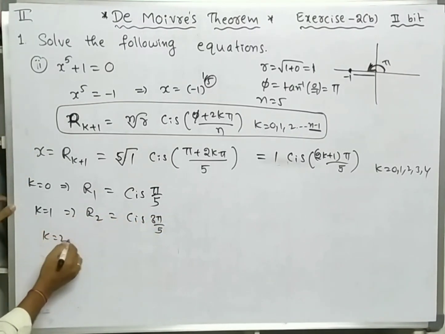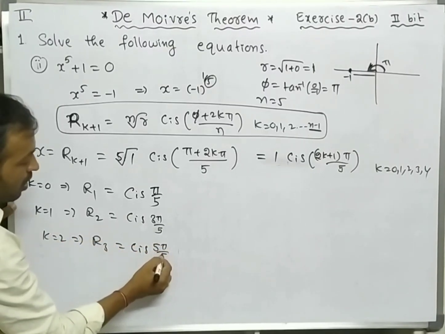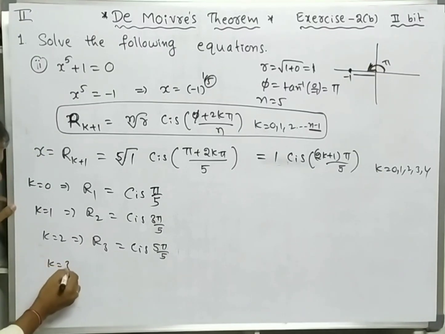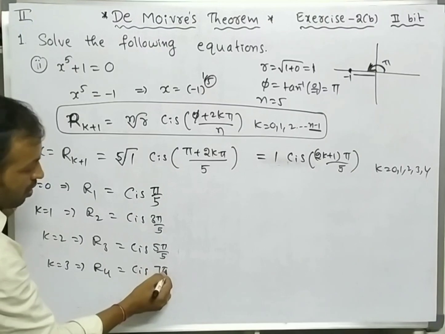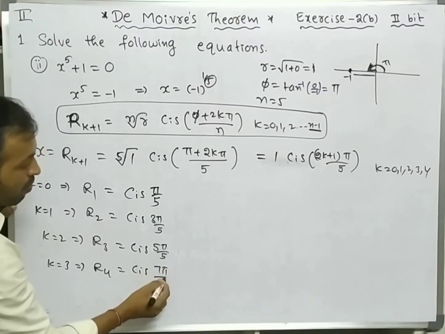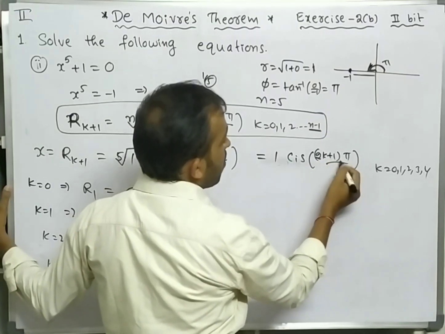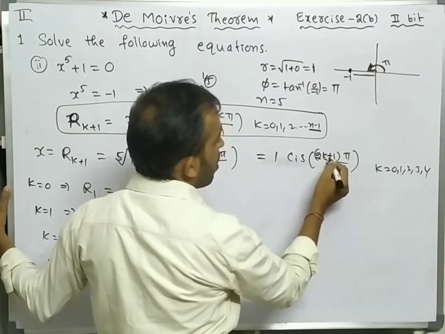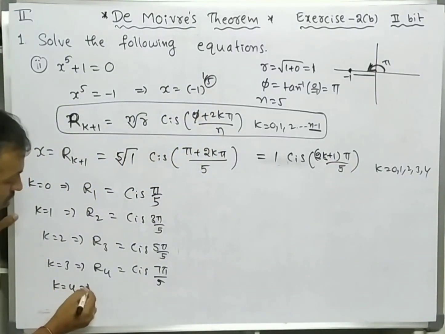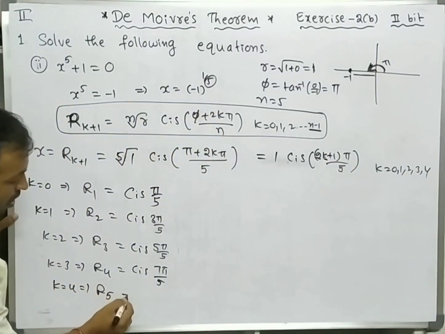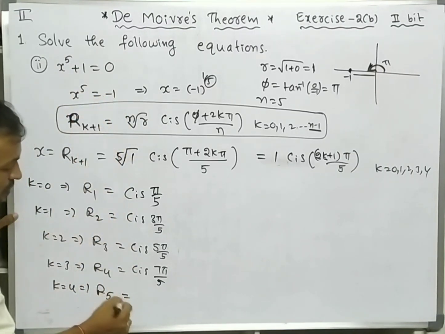Next, the third root is cis 5 pi by 5. Next, k is equal to 3, cis 7 pi by 5, since 3 times 2 is 6, 6 plus 1 is 7. Last is k is equal to 4, then r5 is the fifth root of unity, so we have to get 5 roots.